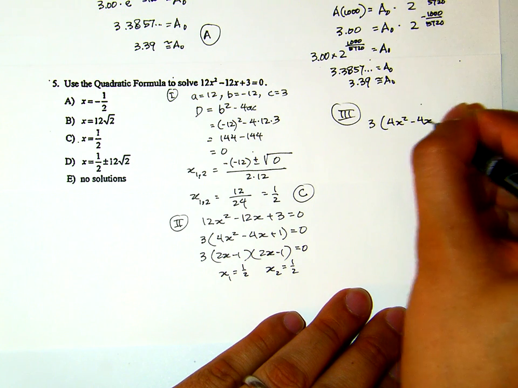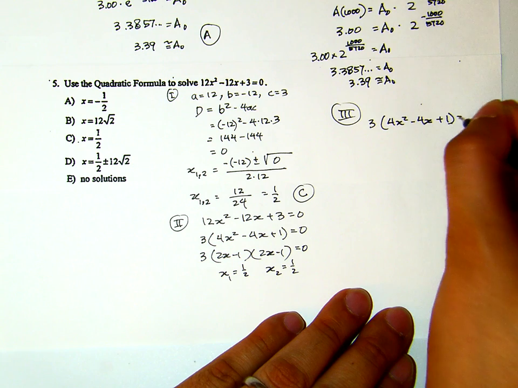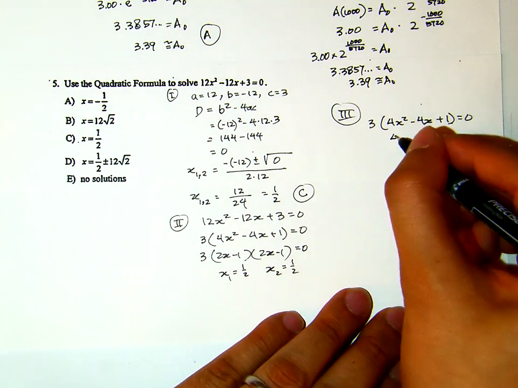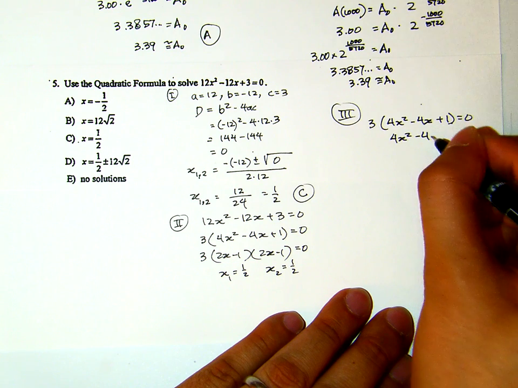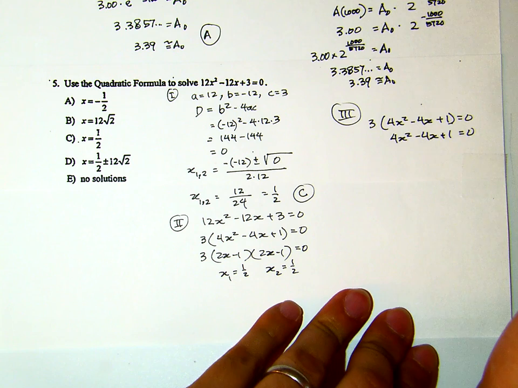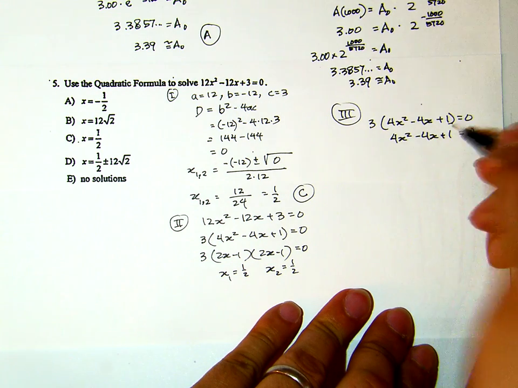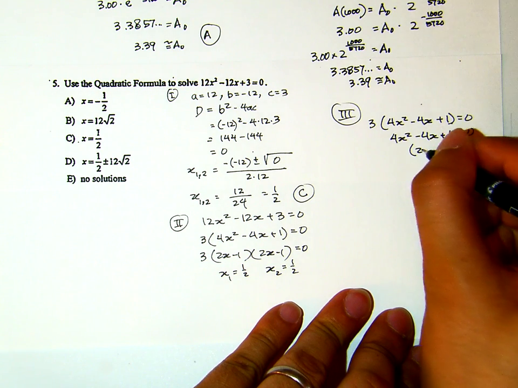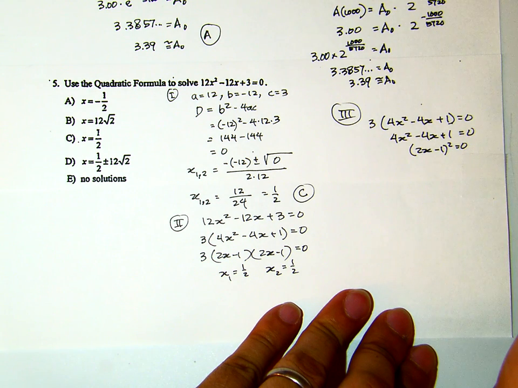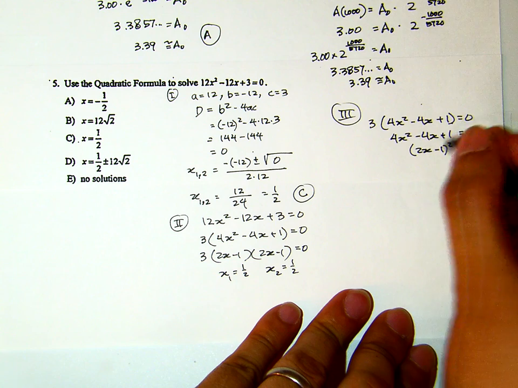Another way: 3 times 4x squared minus 4x plus 1 equals 0. Factor the 3, and then divide by 3 on both sides: again 4x squared minus 4x plus 1 equals 0, and then from here we complete the square. This is 2x minus 1 squared.